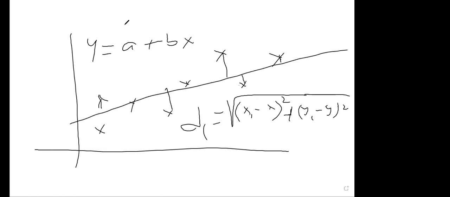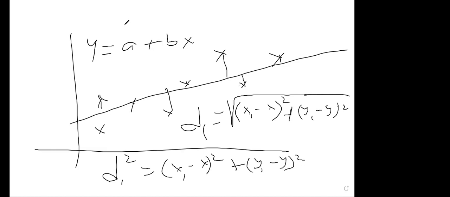The reason why I'm doing this is because you will see that d1 squared will be x1 minus x squared plus y1 minus y squared. So then we will add all these distances, and the values x1 and y1 are the values from the sample. And we are going to use it with calculus to determine the point where we will achieve the minimum values of the distances.